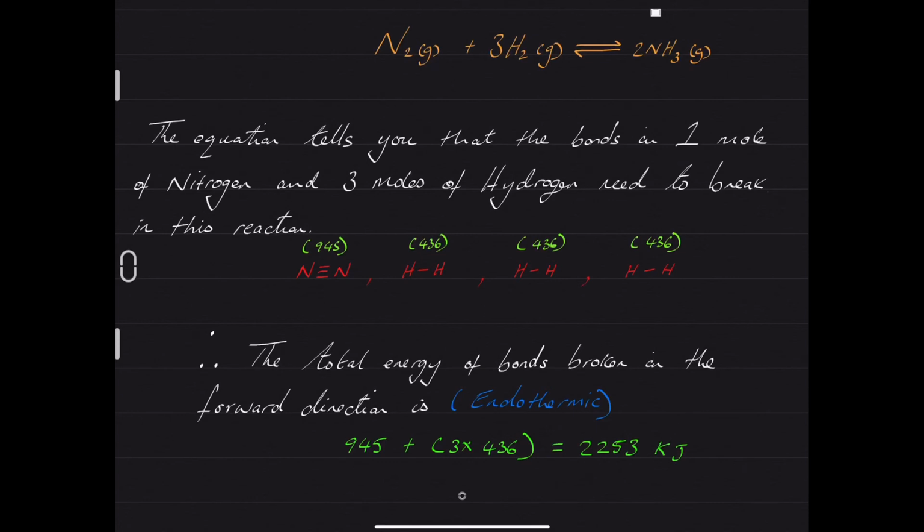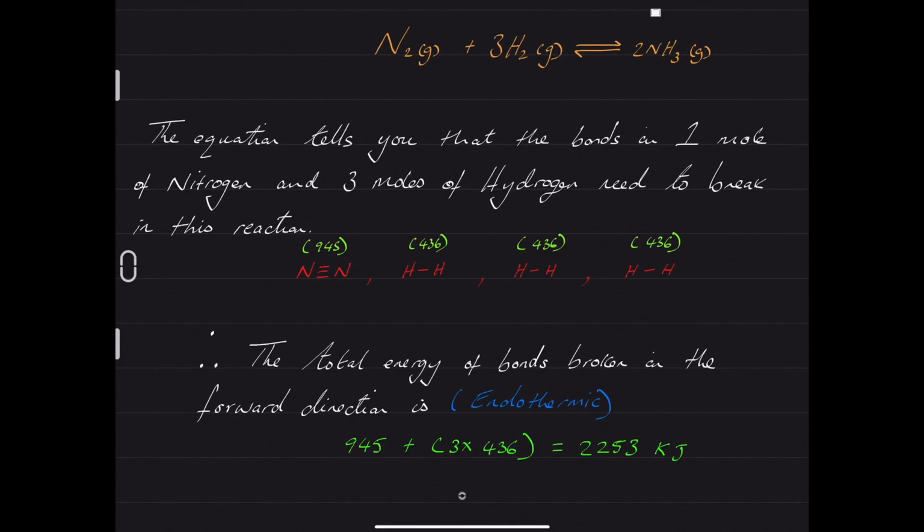This means that the total energy of the bonds broken in the forward direction, which is an endothermic process because we need to take in energy from the surroundings to break these bonds, is 2,253 kilojoules. That's the total amount of energy needed to break the bonds in the forward direction.